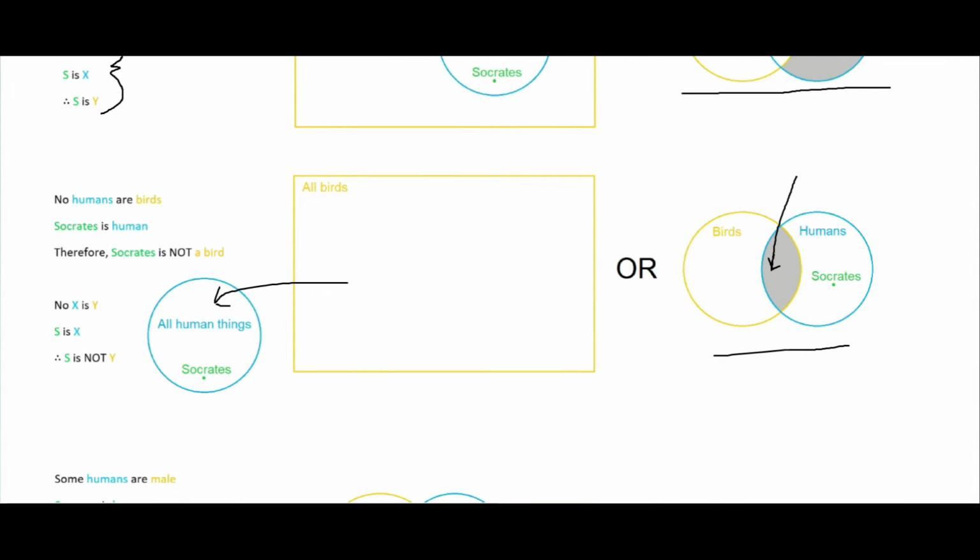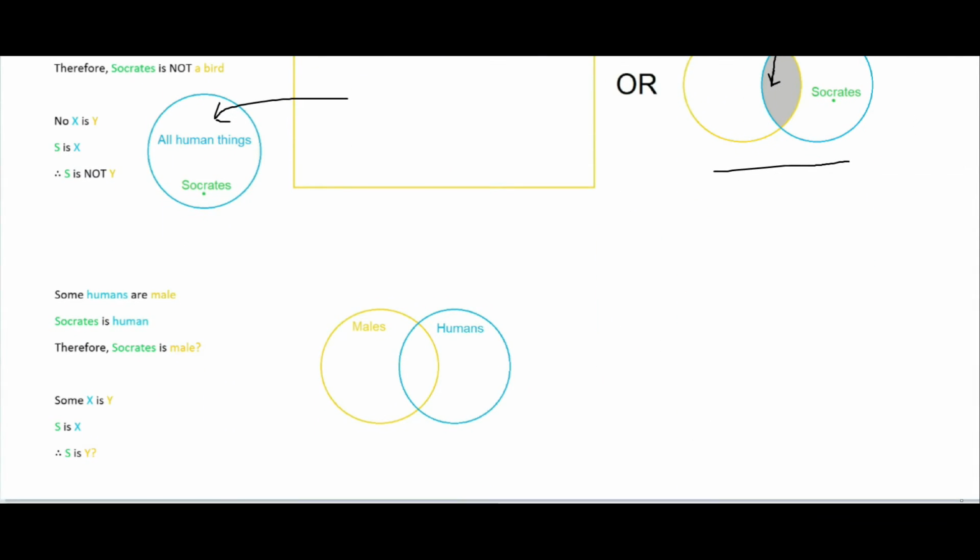Where things usually get trickier is when we get into the "some." If we have "some humans are male" as our major premise, and Socrates is human, does it follow that Socrates is male? Not necessarily.